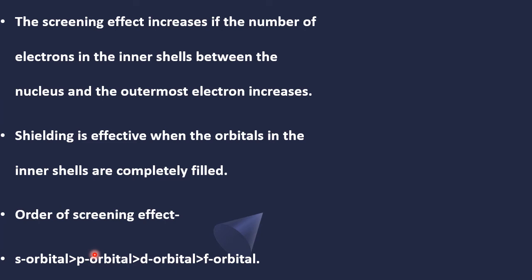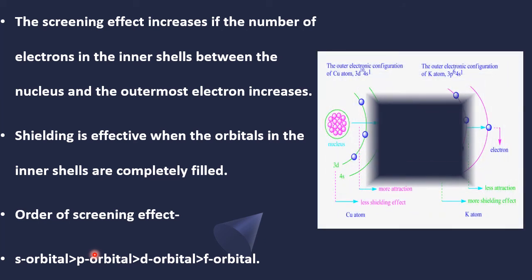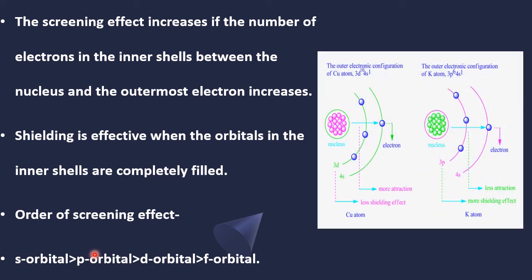See here, the same example I have taken. I told you why shielding is less in the case of copper and more in the case of potassium. Both have 4s1.